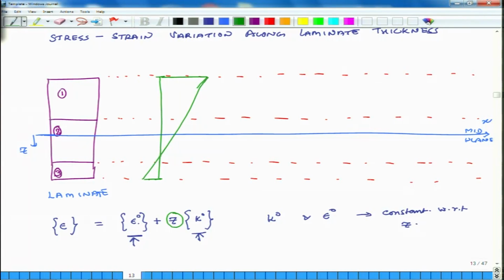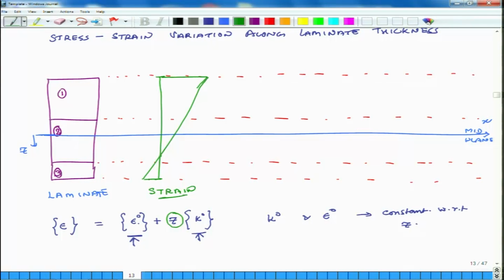This 0 point may or may not be at the midplane, it all depends on the actual values, but the variation of strain will be linear across the thickness. Okay. So, that is there. So, this is how strain changes across the thickness.